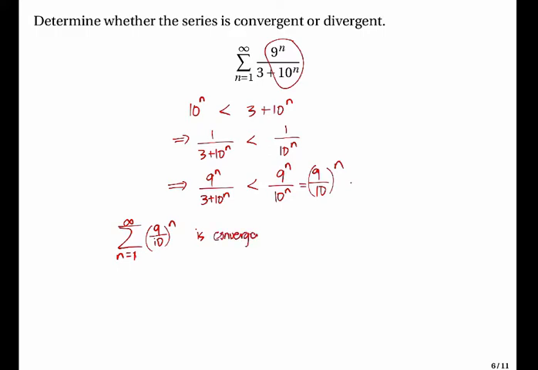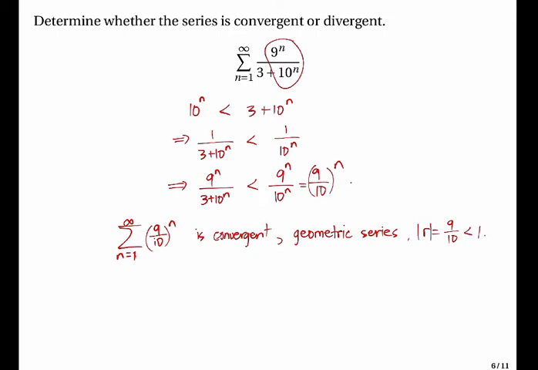This one is convergent because it is a geometric series with common ratio R equals 9 over 10, or in absolute value, this is less than 1.